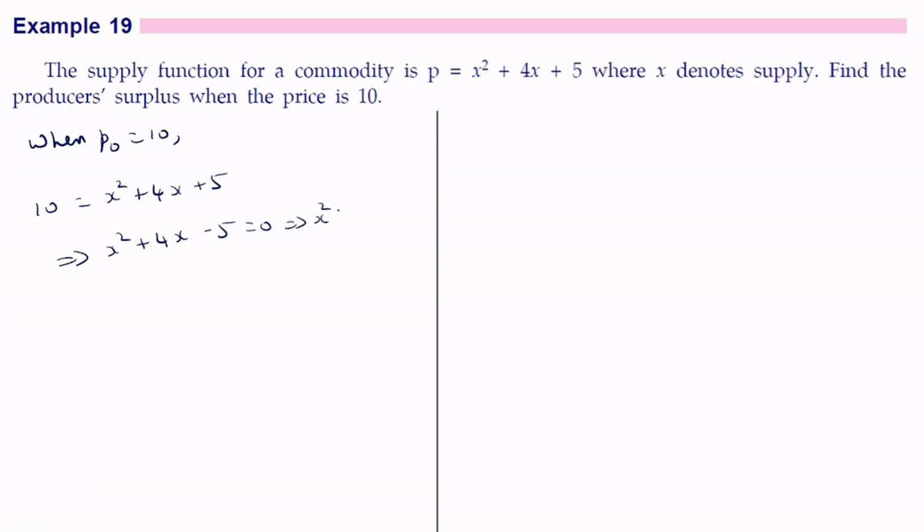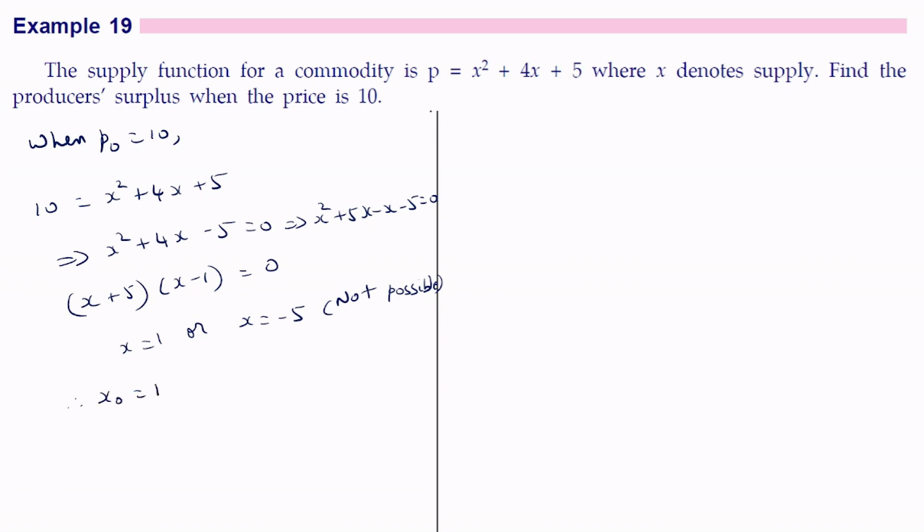So here we will have x square plus 5x minus x minus 5 equal to 0. As a result, we have (x plus 5) into (x minus 1) equal to 0. So we have x equal to 1 or x equal to minus 5. This is not possible, because having a negative amount of commodity is not possible. Therefore, x naught equals 1.